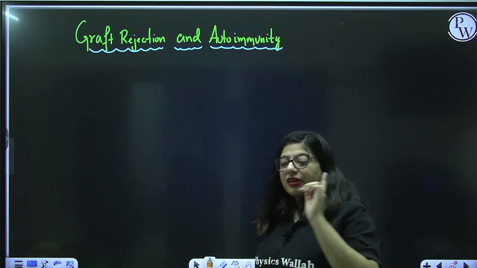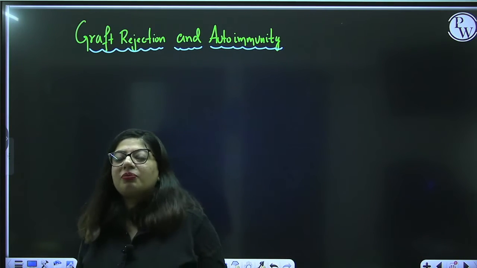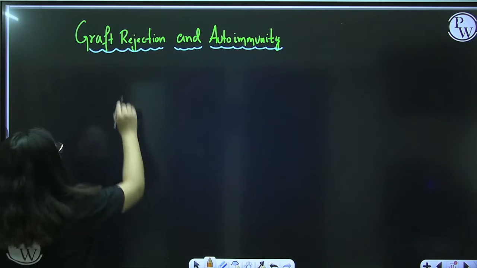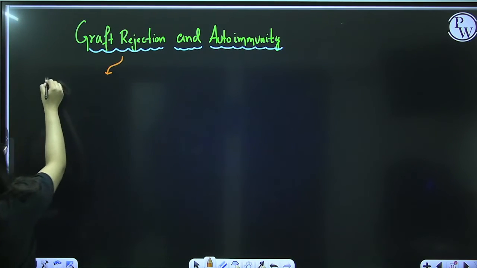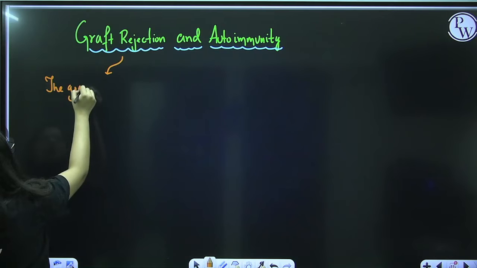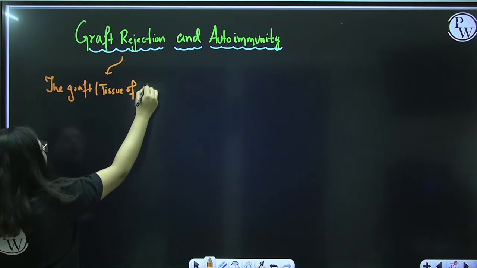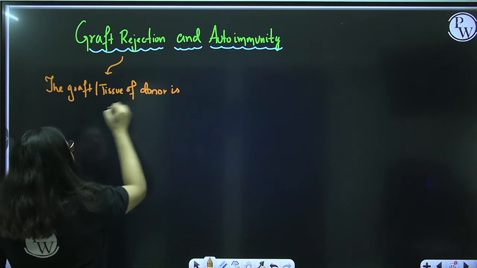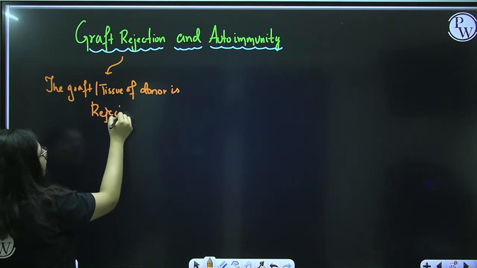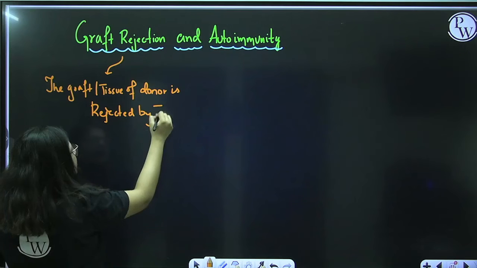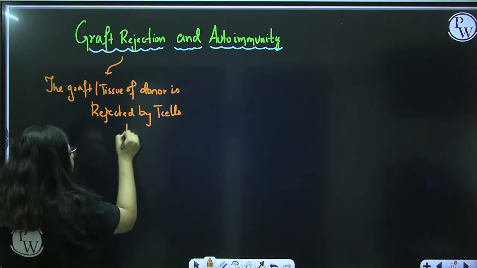Graft rejection we have already done in the previous class. Whenever you get an organ transplant, the graft or tissue of the donor is rejected. Now who rejects it? T cells, and that is which response?